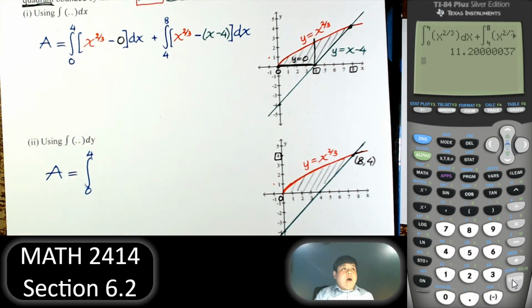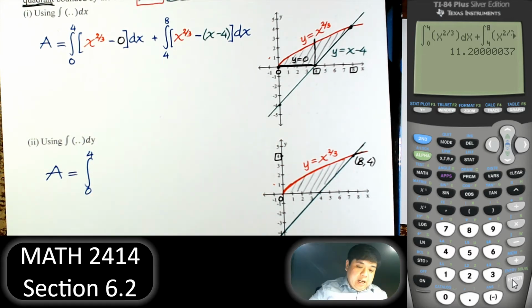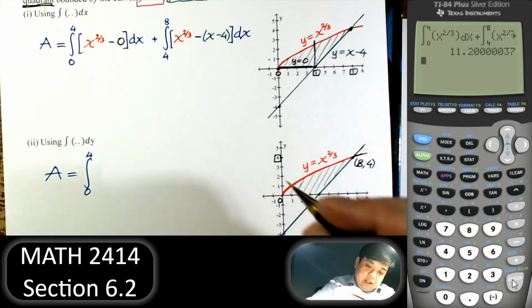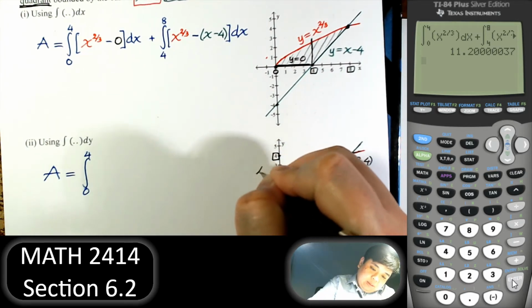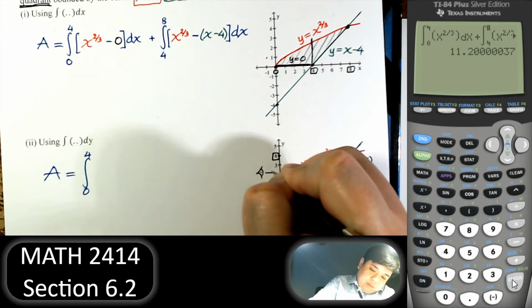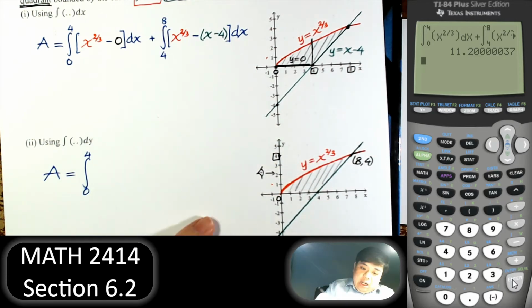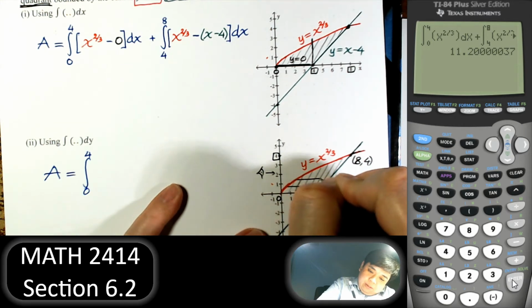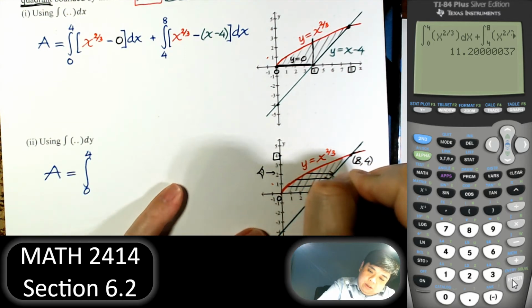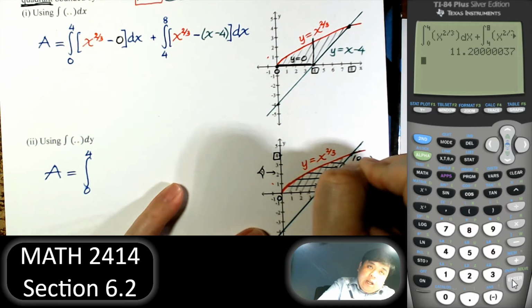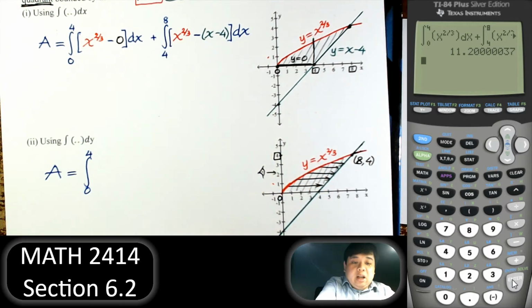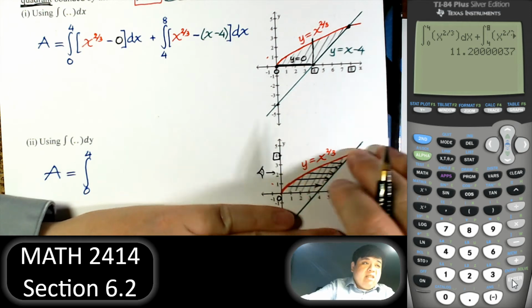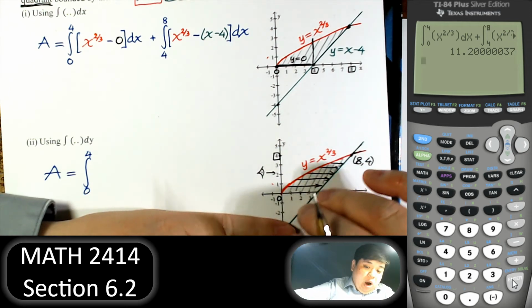Right. So what will be in here? Let's look. If we're going to use dy, it's going to be left and right. As you see, there's a consistency here. The region is bounded on the left by the curve and on the right by the line.